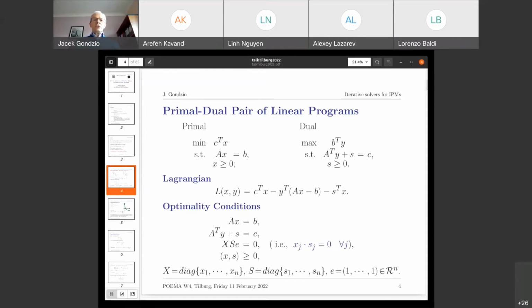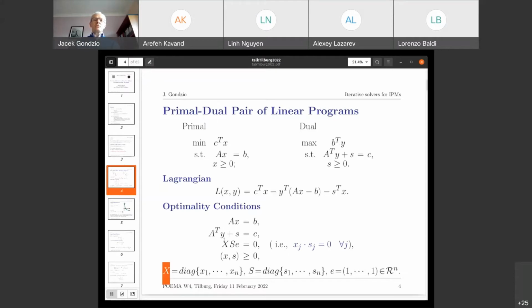It is written here in the notation which is common for interior point literature, in which a capital X is a matrix where on the diagonal of this matrix, the elements of the vector are placed. I will use this notation quite a lot in the subsequent part of the presentation, so please get used to it.